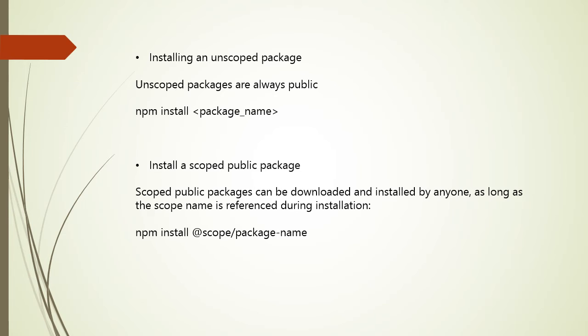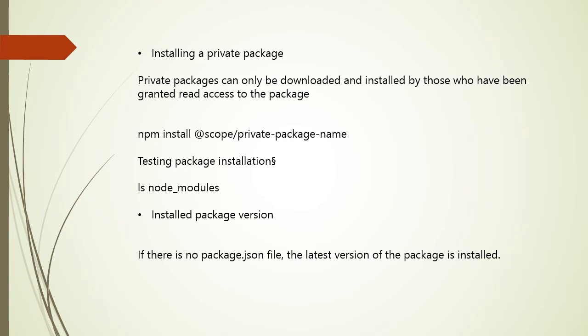Install a scoped public package. Scoped public packages can be downloaded and installed by anyone as long as the scope name is referenced during the installation: npm install @scope/package-name. Consider how to install a private package.